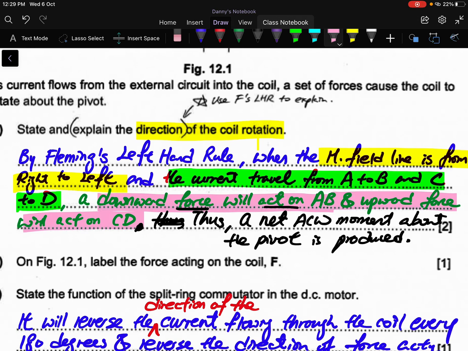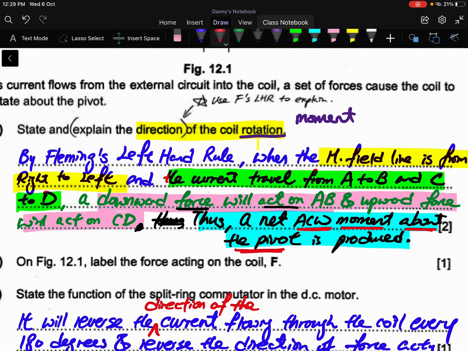Because you have to explain rotation, that means you need to relate this with moment definitely. So after you talk about the direction of the force, remember to end your explanation using moment, because it is a rotation that you are explaining. Then when you are talking about moment, please tell me the direction of the moment about which pivot.